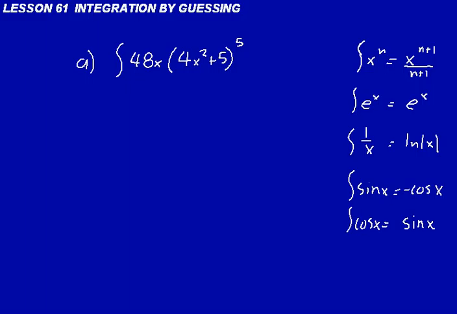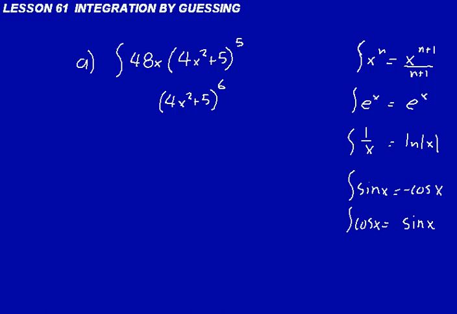So look at practice problem A. Find the integral of that. Well, hopefully you see that power there, the fifth power, and hopefully that makes you think of a composite function of the form 4x squared plus 5 to the sixth power. So take the derivative of that.